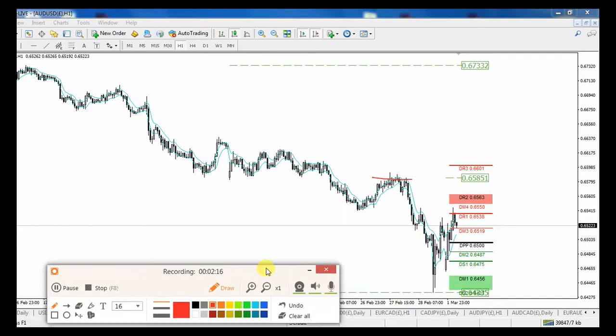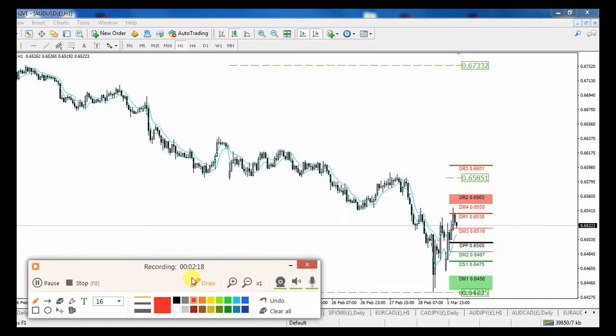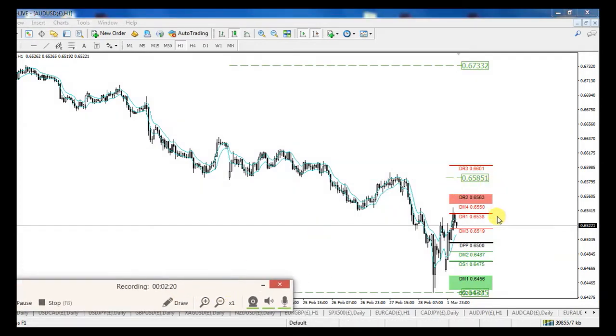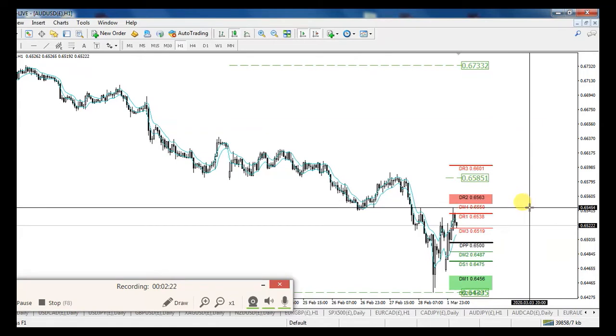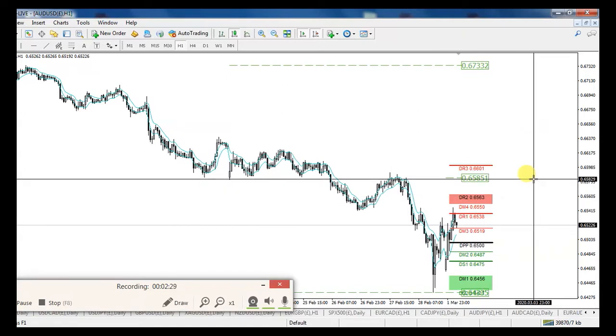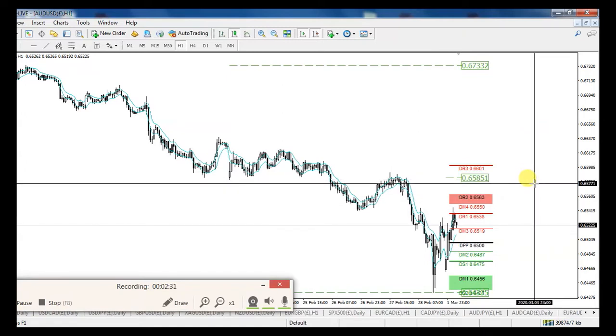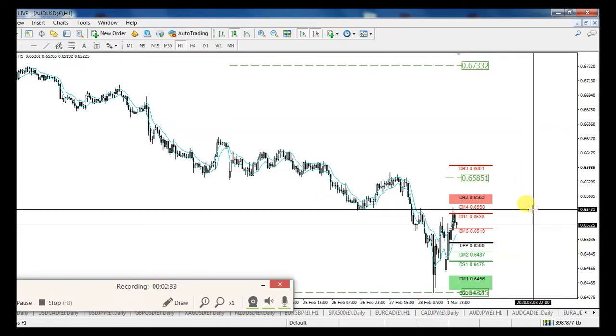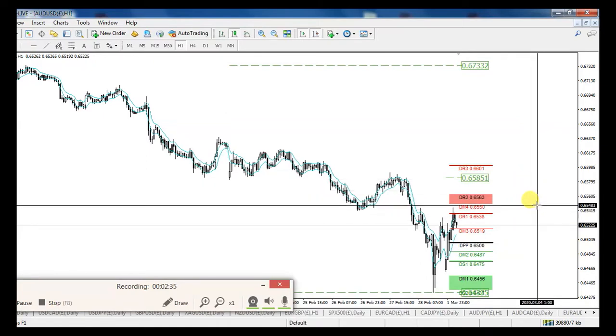It's not a great pip range, but if you have a tight stop, maybe 10 pips, so 65.45 and this area is around 65.80, so 35 pips. If you get in here with a 10 pip stop, it gives you 1 to 3.5, about 1 to 3 risk reward, which is decent.